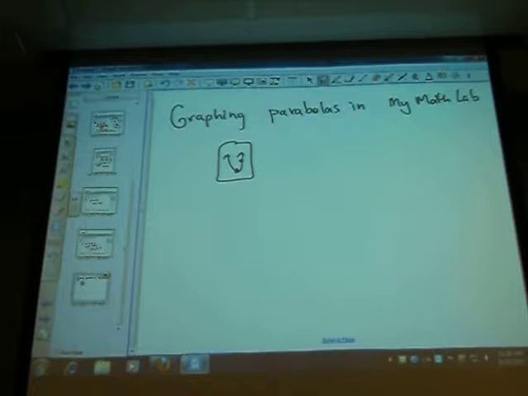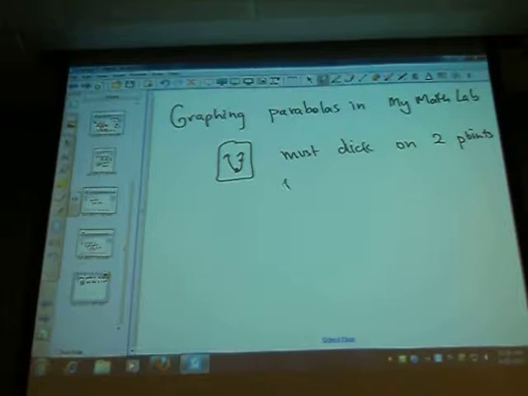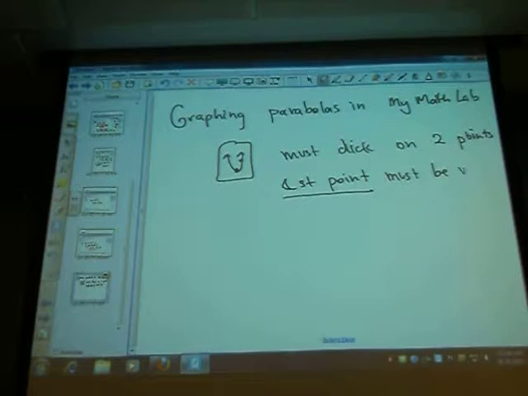Okay, so you want to click on the parabola tool, which is the U. First point must be the vertex because it is operating on the assumption that the first point you click on is the vertex. So you need to be prepared with finding the vertex before you start trying to graph.